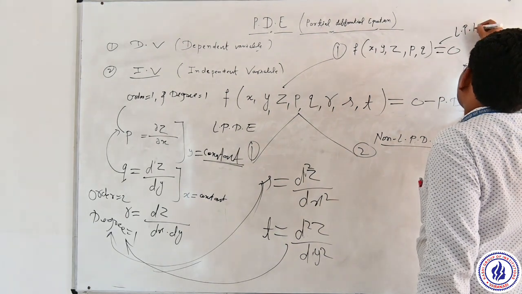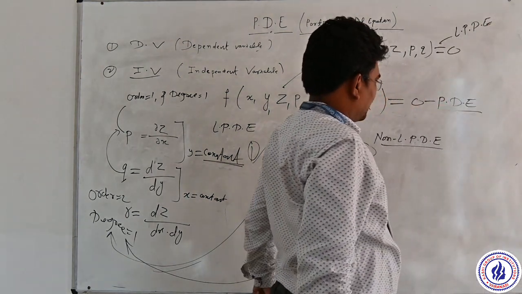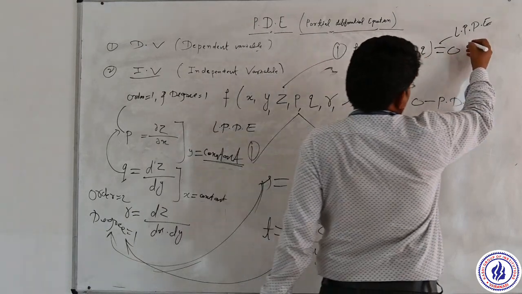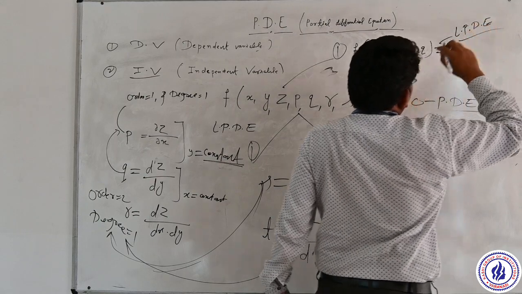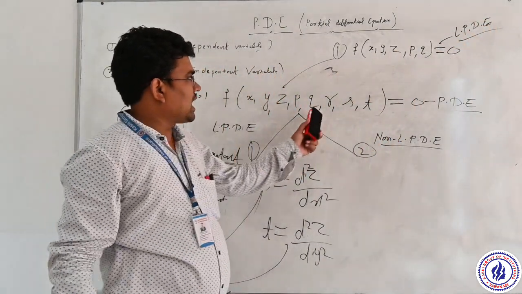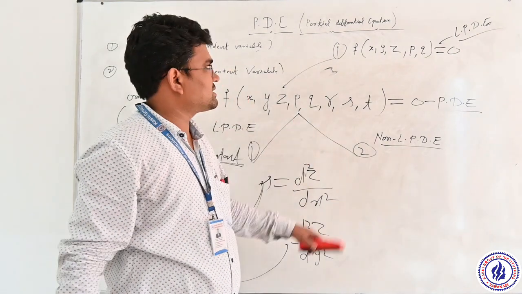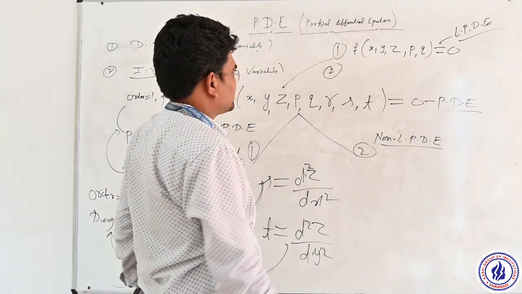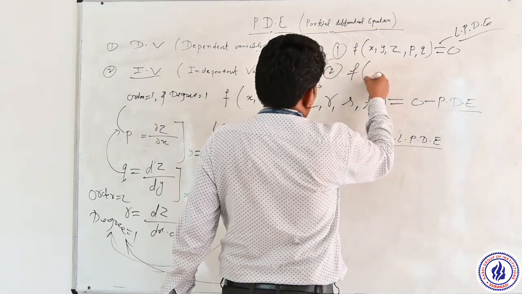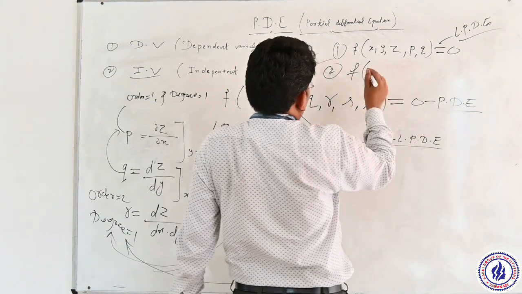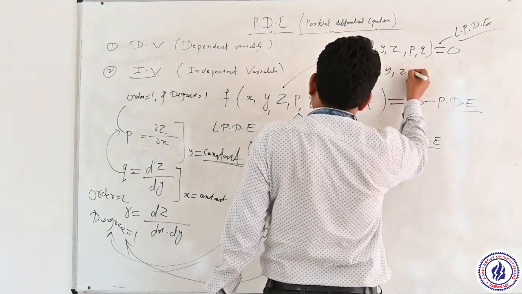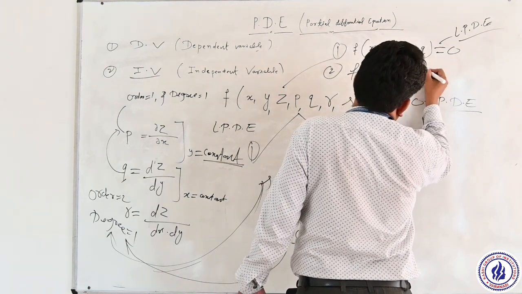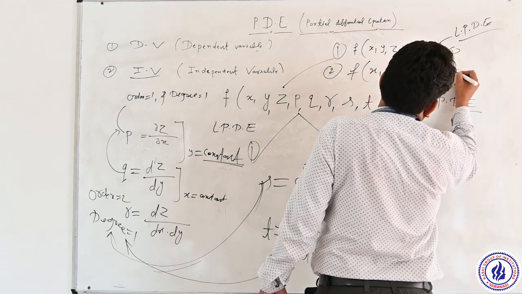In a linear partial differential equation, you exclude r, s, t, and in a non-linear partial differential equation, you include all the variables x, y, z, p, q, r, s, t.